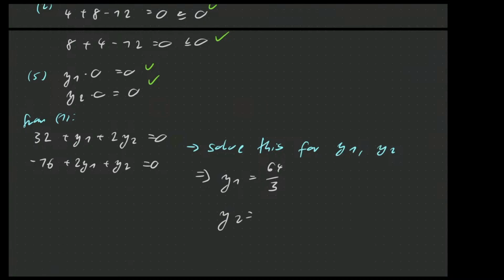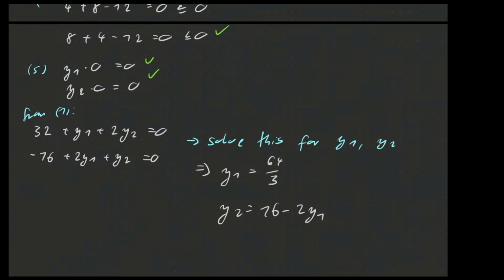And y2 is, what is y2? I didn't bother to compute that. 16 minus 2y1. Right? And my takeaway here is this is obviously, if y1 is 64 over 3, right, this here is bound to be negative.